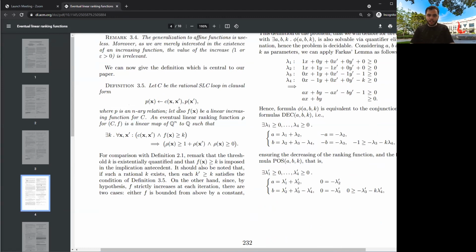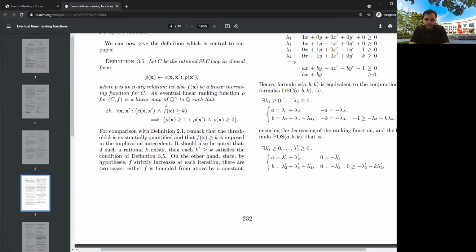So in other words, an eventual ranking function for a loop is basically a map. We have some function f, and also we have some other function rho.